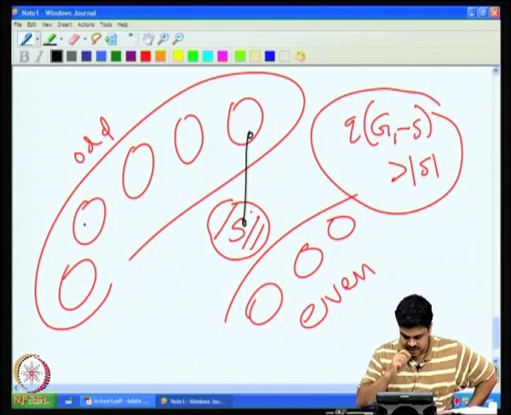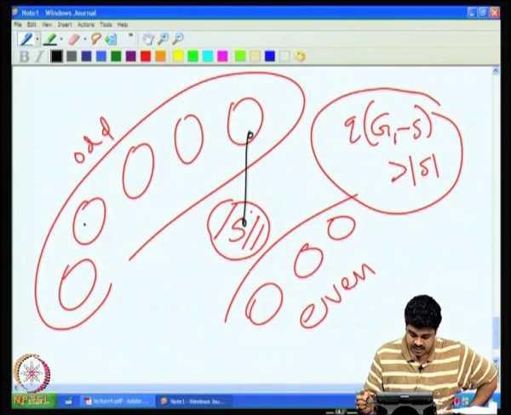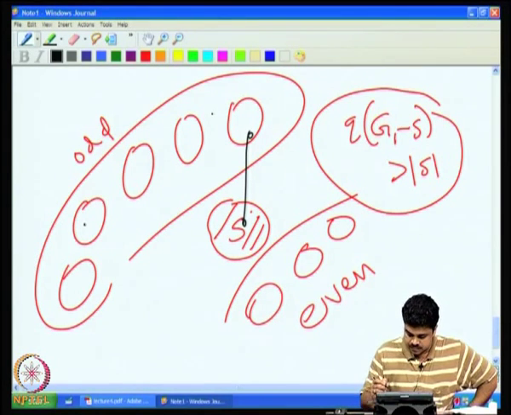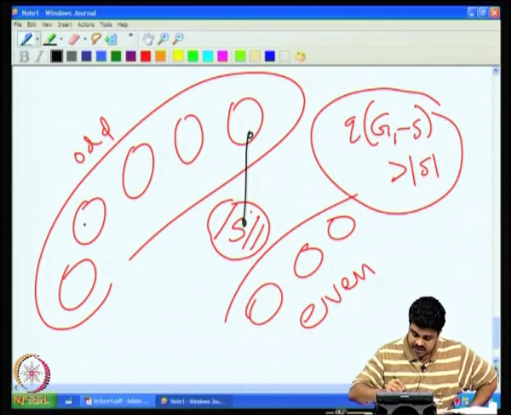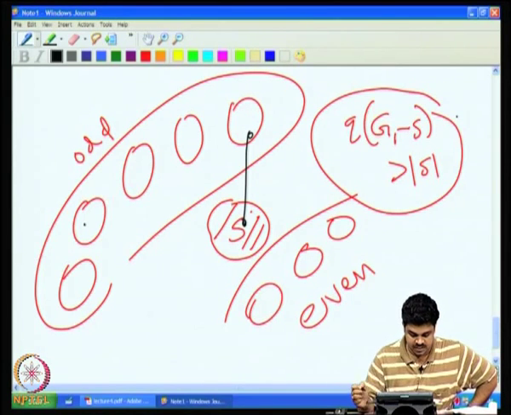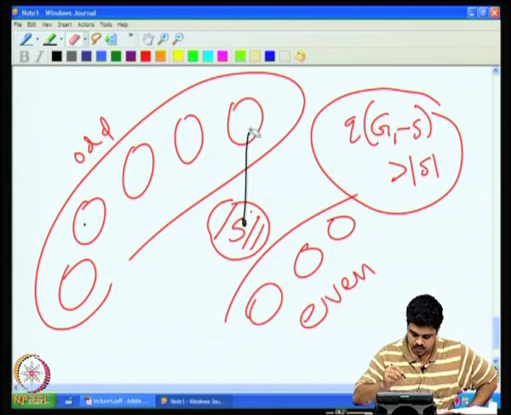Only putting an edge, or removing an edge, is not going to change the cardinality of S. Neither is it going to change the number of odd components. So, even if the edge is from S to some component, it is not going to change the inequality, it is going to be the same.